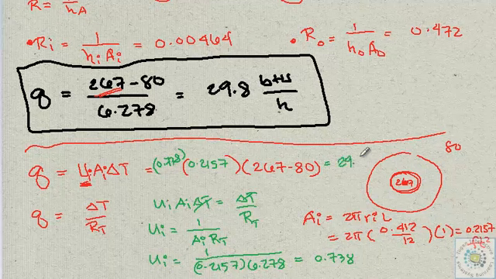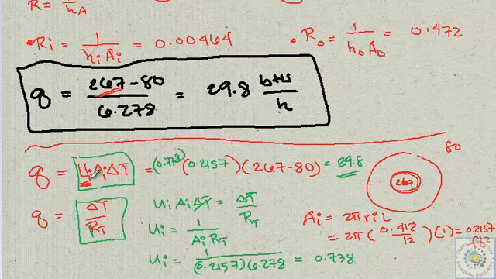The only difference between this approach and this one is that this one is based on the overall heat transfer coefficient, and this is based on resistance. I prefer the resistance approach, and I'll be using it a lot more than this one, unless you are already given the overall heat transfer coefficient.